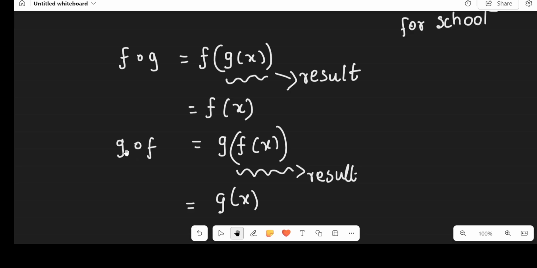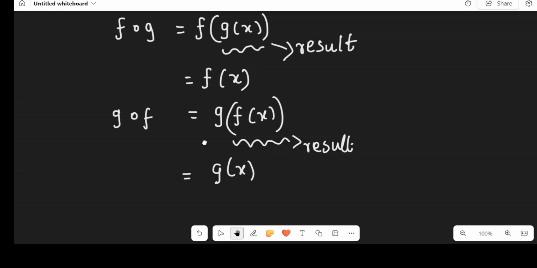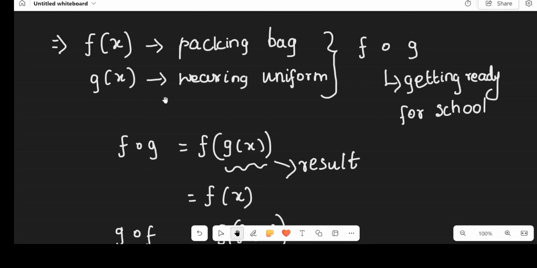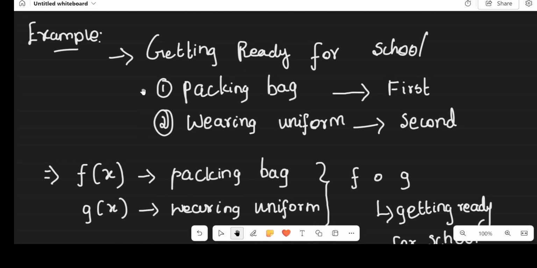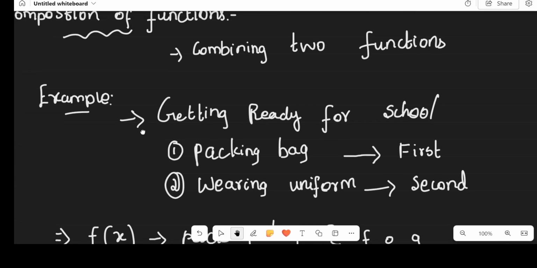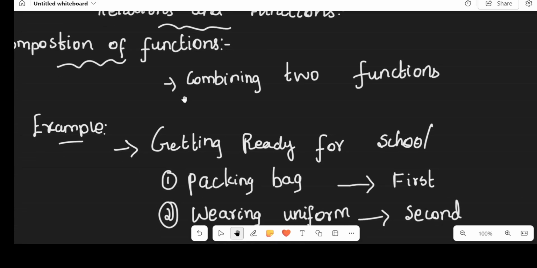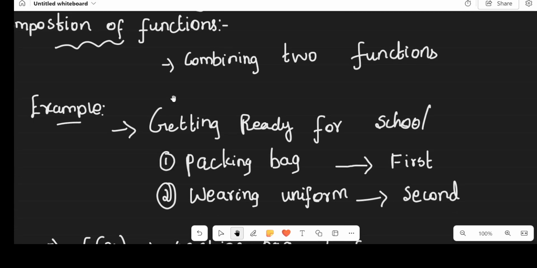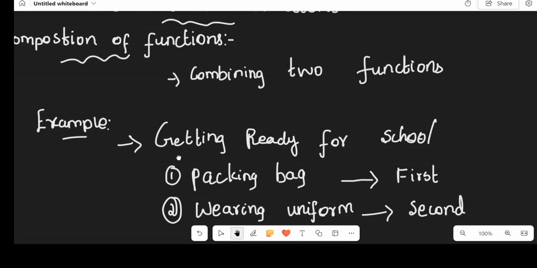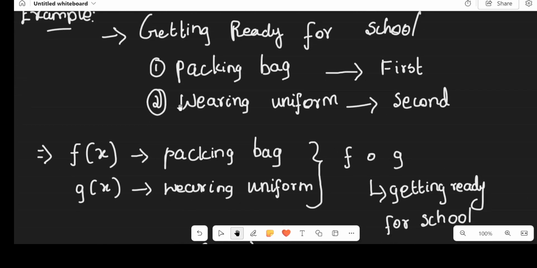Also we can write g of f equals g of f of x. This is kind of a formula. You should remember this. This is all about the concept. Based on this concept, we are going to do the problem. If you couldn't understand, just go through again. Definitely you'll be able to understand.